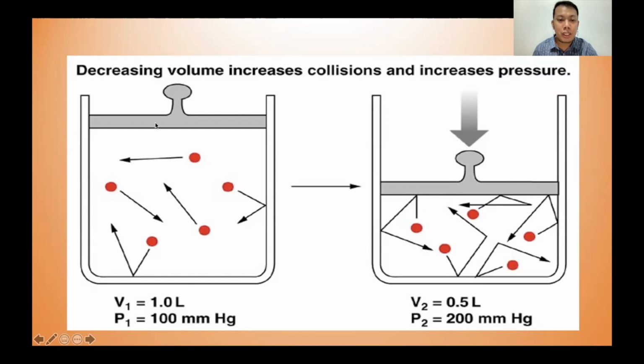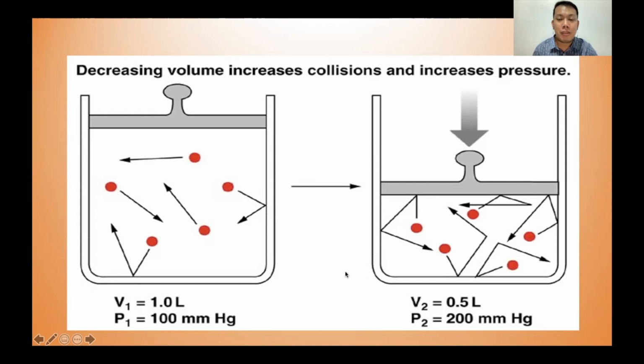So for the first scenario, you have here the volume, which is 1.0 liter, wherein the pressure is just 100 millimeter of mercury. On the other hand, on the right side, when you apply twice the pressure of the first one, now it is 200 millimeter of mercury, then the volume became 0.5 liter.